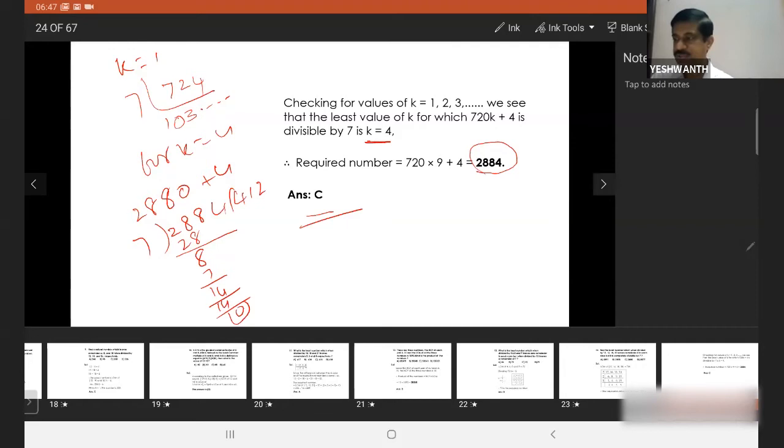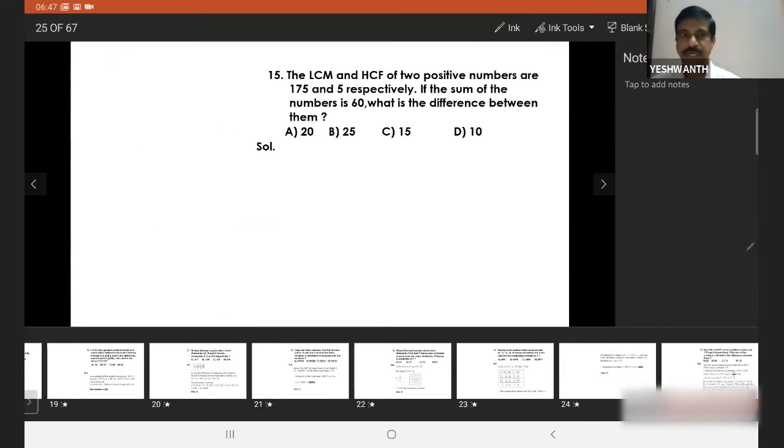Okay, children, let us go to the next question. The LCM and HCF of two positive numbers are 175 and 5. So if the sum of the numbers is 60, it's the same kind of problem we have done just a few minutes before.